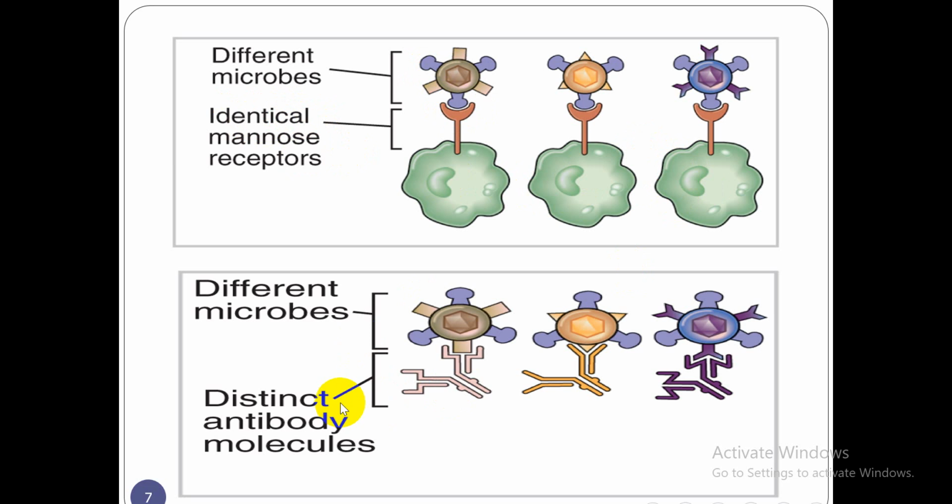But in adaptive immunity, in the lower row, you see that distinct parts of these microbes could be recognized by different antibody molecules, and you see that the responses of adaptive immunity are more specific and more diverse compared to the response of innate immune cells.